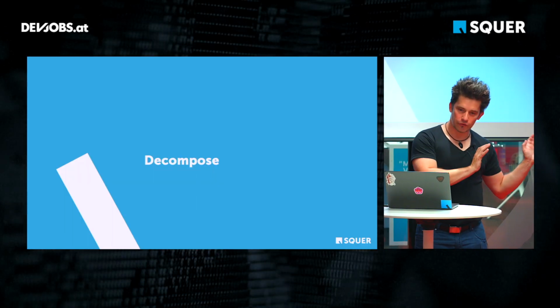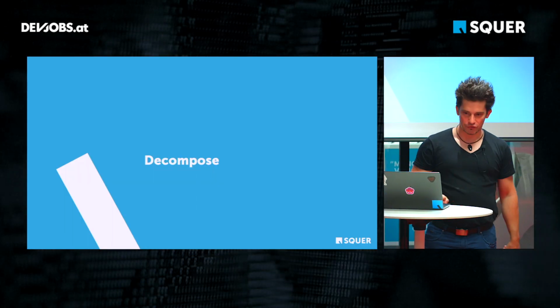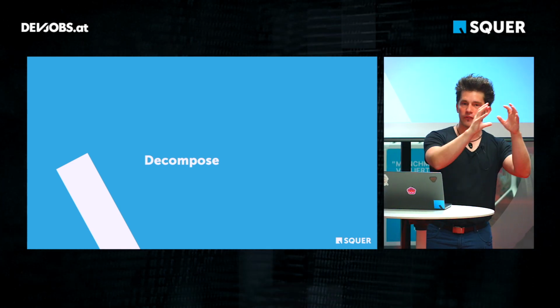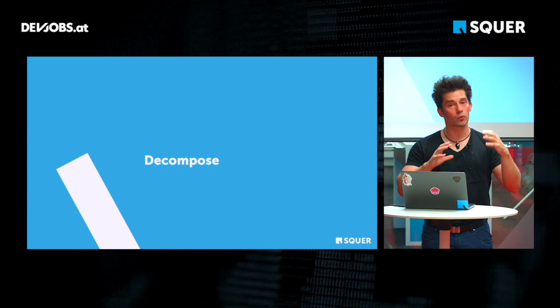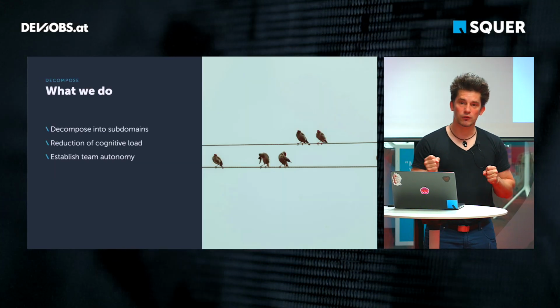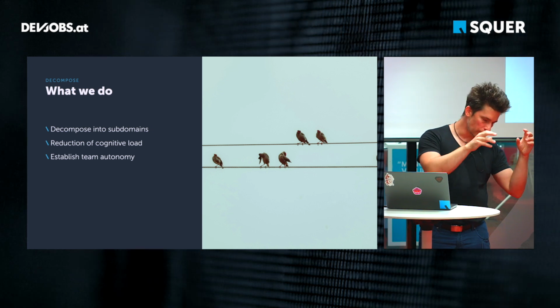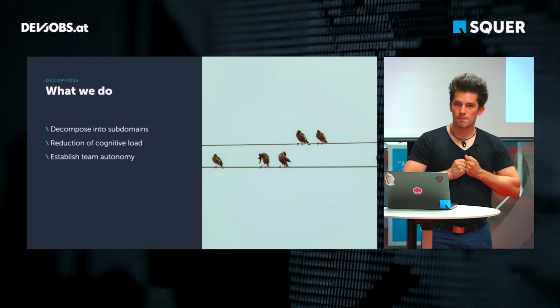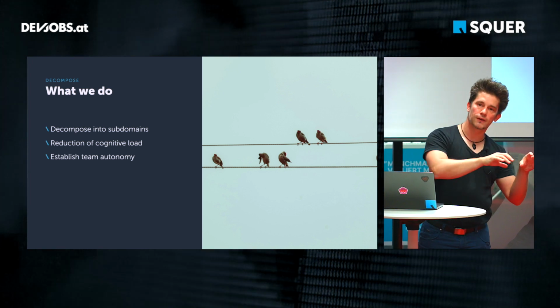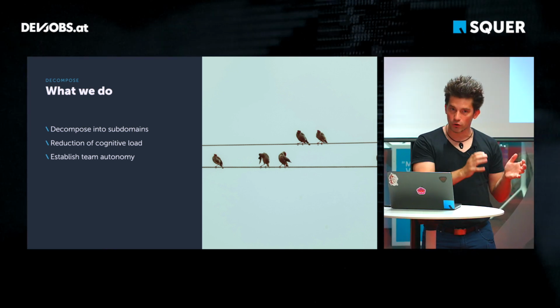So now we have the storytelling, the graphic. Now we are able to find some problem spaces, so we are able to decompose the things. When we decompose the things into smaller pieces, we reduce our cognitive load. We can really focus on a particular area after these boundaries are clear.